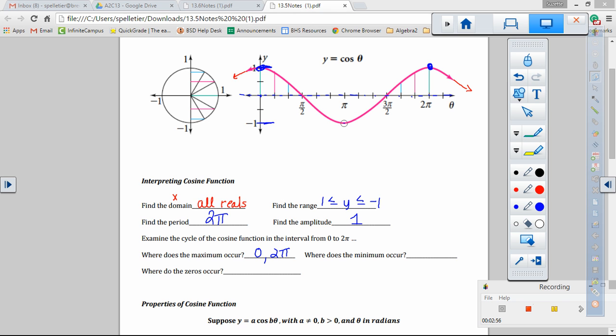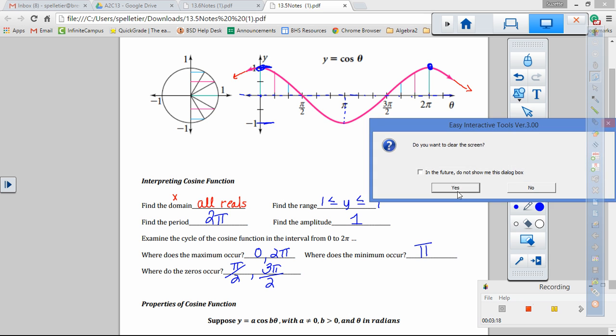So here's my minimum, and that occurs at the point pi. And where do the zeros occur? So where does it cross the x-axis? Crosses at pi over 2, and it crosses at 3 pi over 2. Okay, so pretty easy to interpret the graph. Those are some easy questions for you to answer.